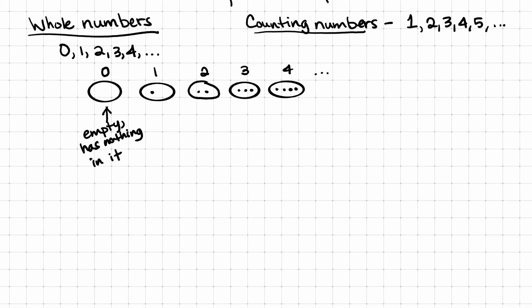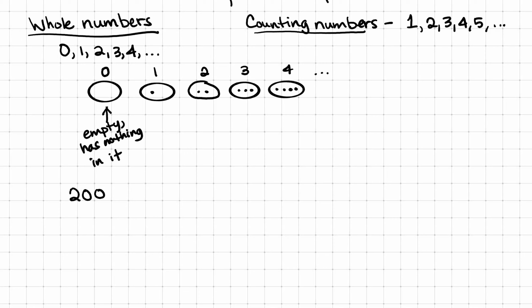Now, there's something else to notice about whole numbers versus counting numbers. Our base 10 system does not make any sense without 0, because 0 is very important in our place value. If you want to write a number such as 200, notice we put 2 zeros there, and those 2 zeros represent the absence of any value in the tens place and any value in the ones place.